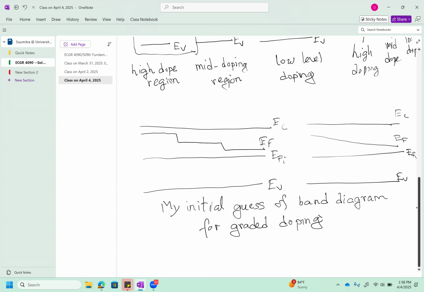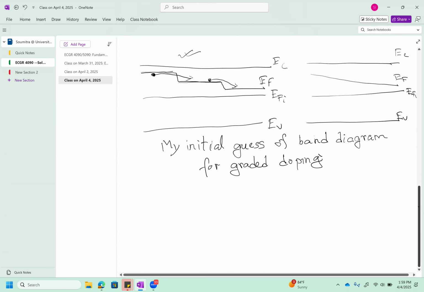For instance, in the first case, you can see the Fermi level at the left is high and the Fermi level at the right is below, right? So for this case, electron must flow from left to right. Okay?